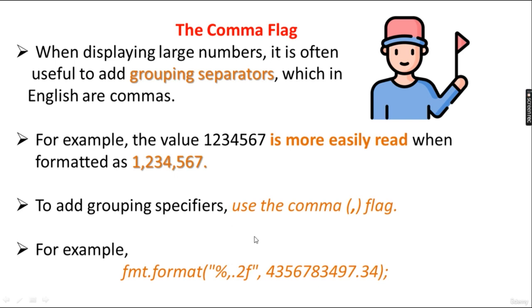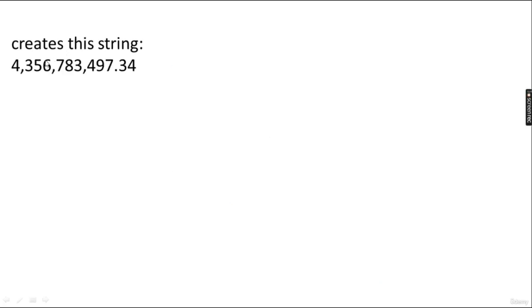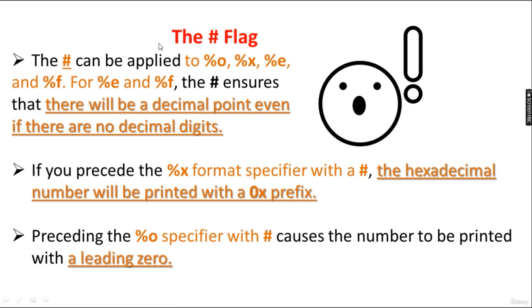To add a grouping specifier, use the comma flag. For example, formatter.format with %, comma, .2f. So 2 decimal places after the point, and comma is given. The output is 4,356,783,497 plus 0.30. And the next is the hash flag.